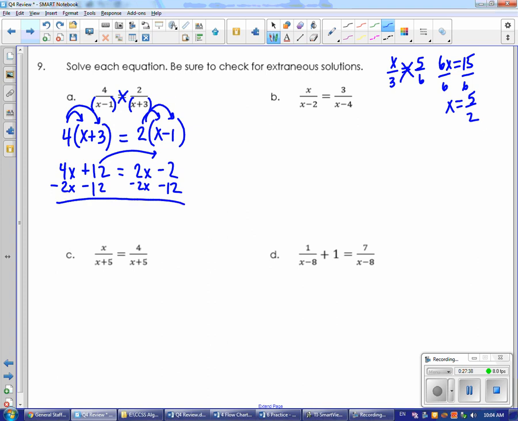When I do that, I'm going to get a 2x. My 12's cancel on the left. On the right-hand side, my x's cancel, and I'll be left with negative 14. And so the last step would simply be to divide by 2, and I get that x is equal to negative 7.